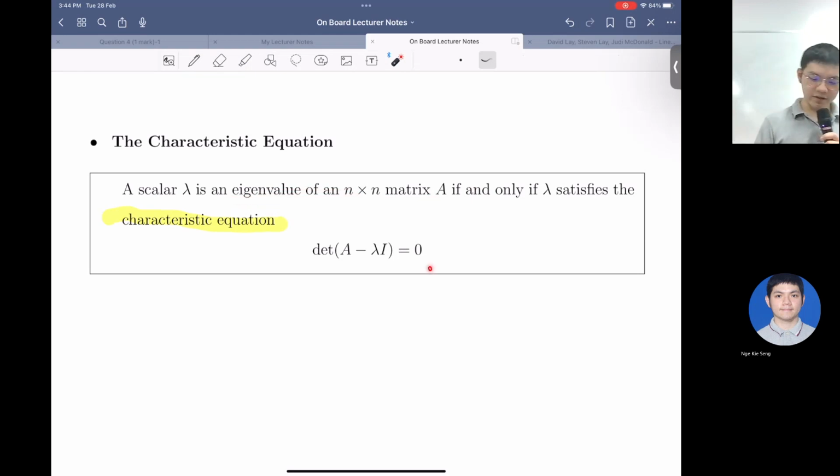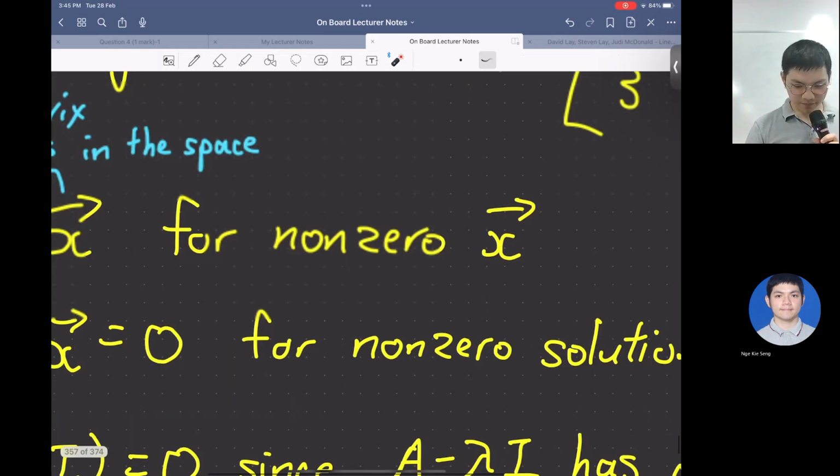If the determinant of A minus lambda I equals 0, then this lambda is an eigenvalue of the matrix. It's a character of your matrix.